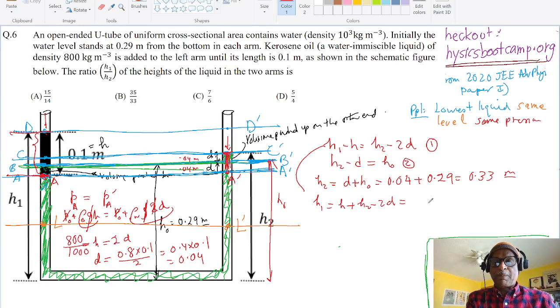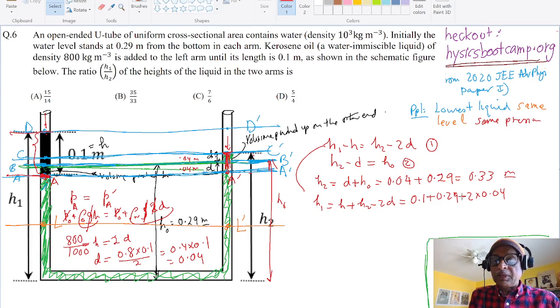So H is 0.1 plus H2 is 0.29 minus 2 times 0.04. Something's not right, it looks like.